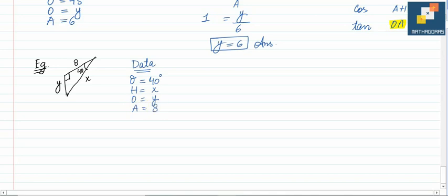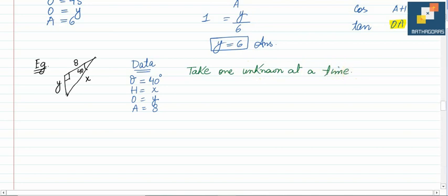Now the question, how we are going to solve it? Up till now we were solving right angle triangles with only one variable. Now there are two variables, so it does not matter. What is the key point? Take one unknown at a time.